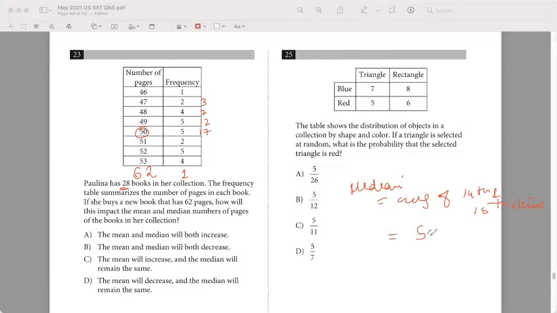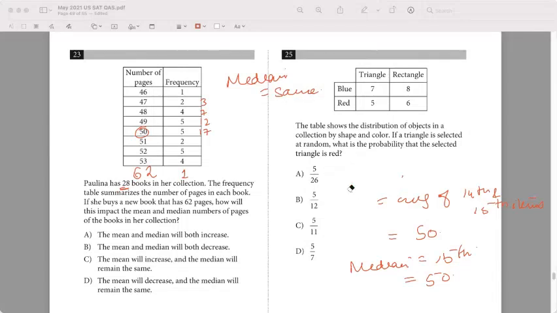So the median was 50 for the number of pages. And now that she has 29 books, the second case, the median would be the 15th item, which is still 50. So the median does not change, right? The median stays the same. So median is same.